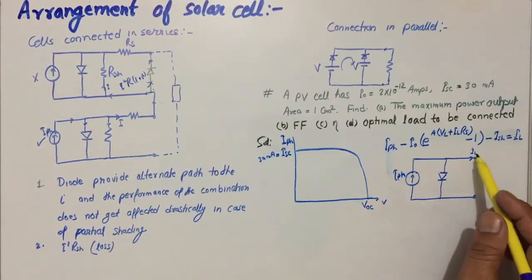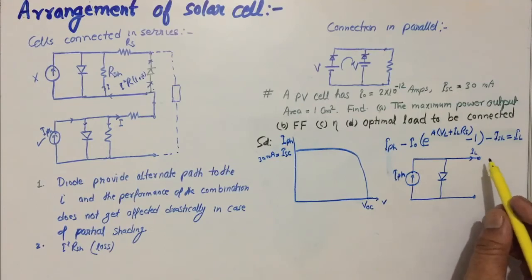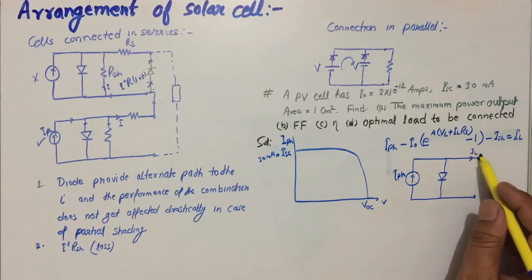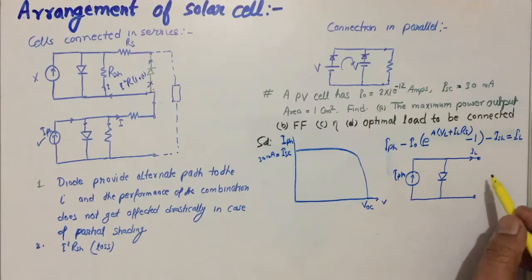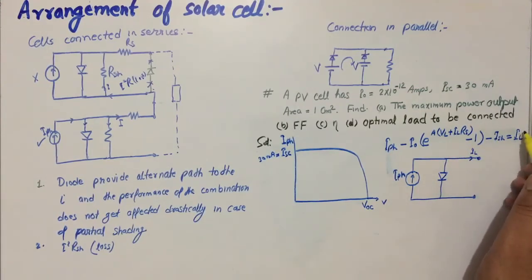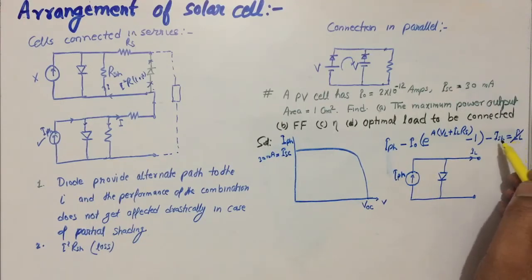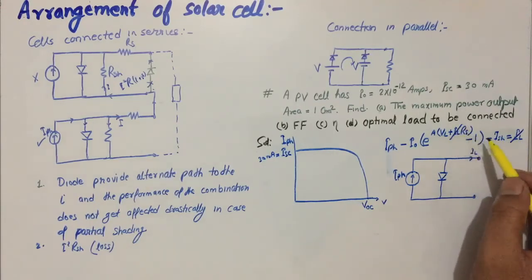Now if we know the load current and short circuit current, we have to find the open circuit voltage. In that case, this current will be 0 in the case of open circuit, and in this relation, if we put open circuit voltage 0, open circuit current 0, then it will be 0.